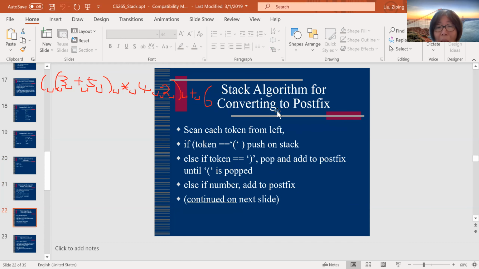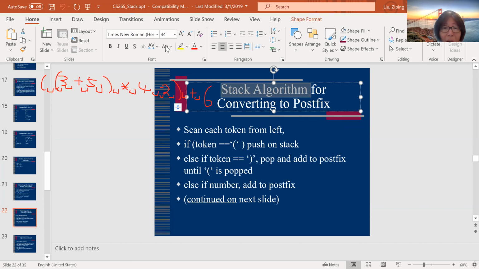Here we have the algorithm for converting from infix to postfix using a stack. This time we also need a stack, but this time our stack is different. It's a character stack.